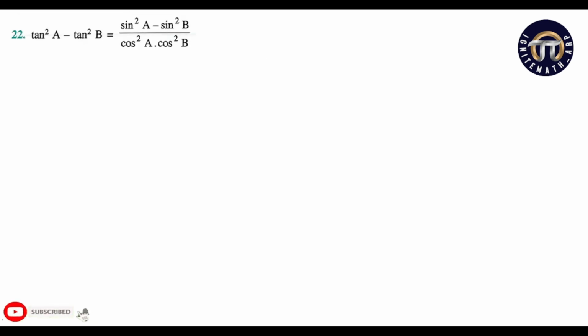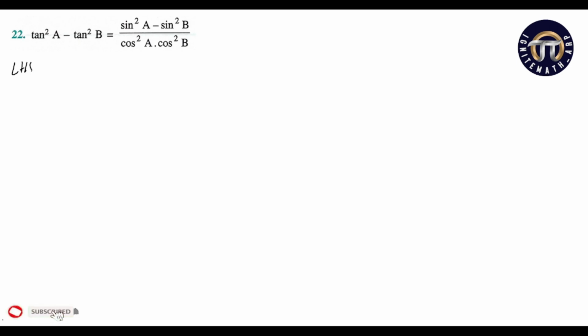The next question says that tan square A minus tan square B is equal to sin square A minus sin square B by cos square A into cos square B. I'm supposed to prove it. So here I will just consider the LHS again.